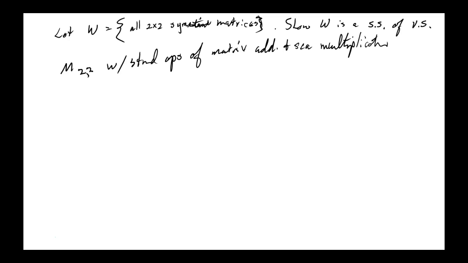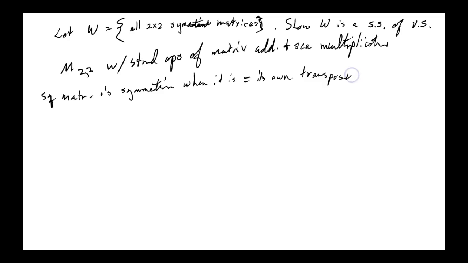A square matrix is symmetric when it is equal to its own transpose.